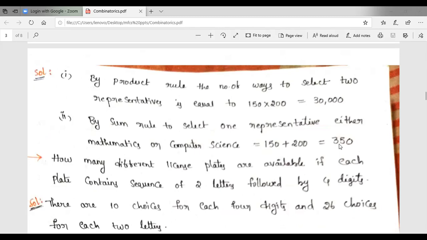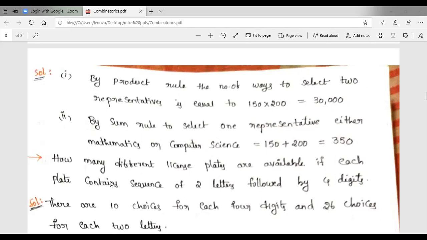Next question: how many different license plates are available if each plate contains a sequence of 2 letters followed by 4 digits?